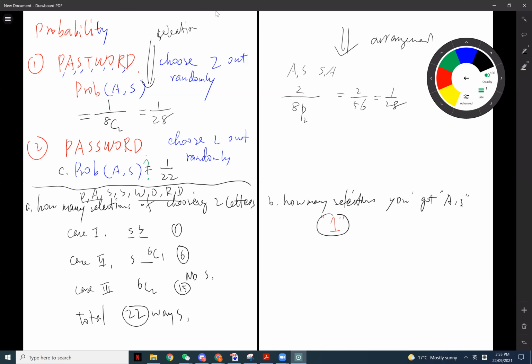So my question is, can we just write the probability 1/22? Unfortunately, you have 2S, so there will be two possibilities to get AS. We cannot write that. This is not right.